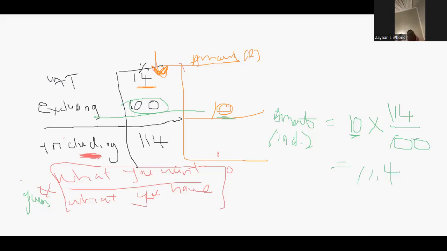Now let's say we have our VAT, which was 1,4. How else can you get this number, the amount including VAT?